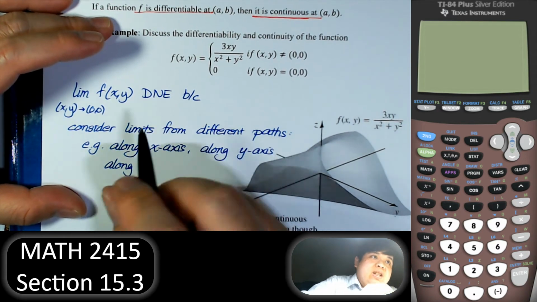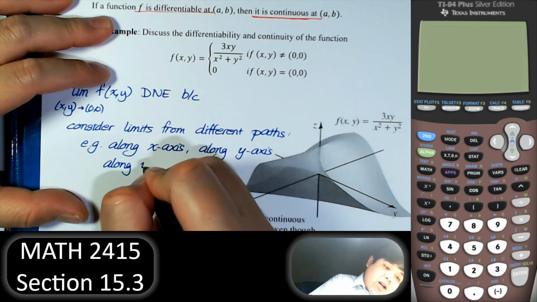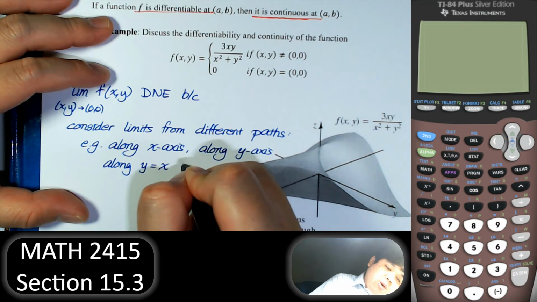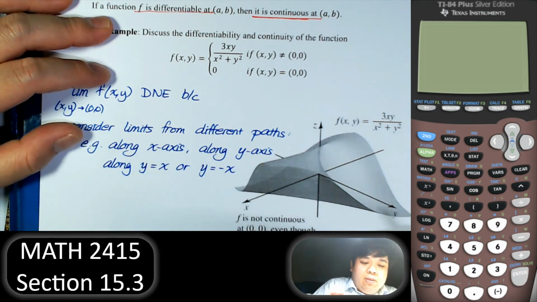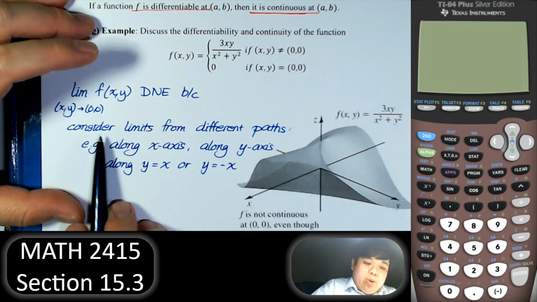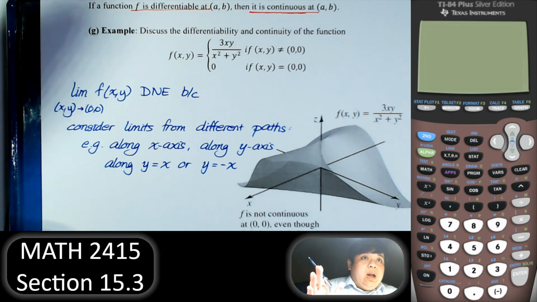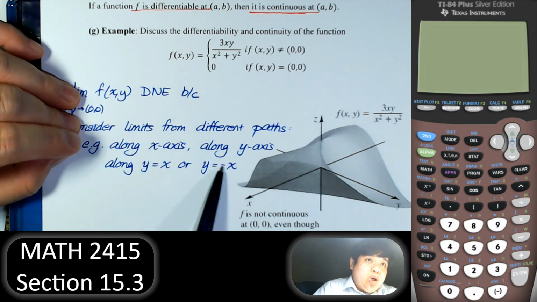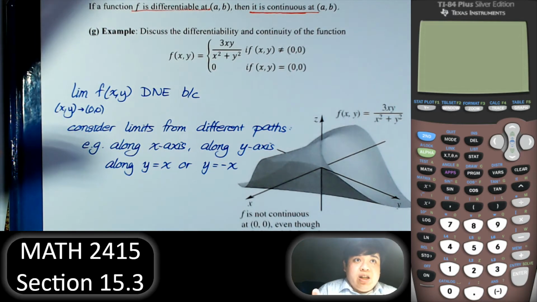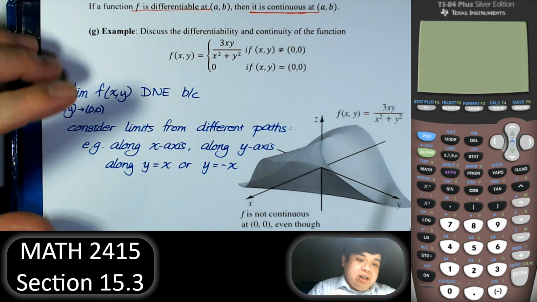And also, we did this, the power of x and y are the same top and bottom. So we can say along the line y equal to x, or y equal to negative x. Yeah, we can just pick two of these. If we can show that the limits are different along two of those, then we say the limit does not exist, and we can do that easily. I'll let you do that.